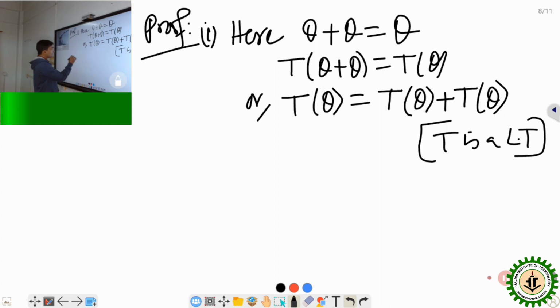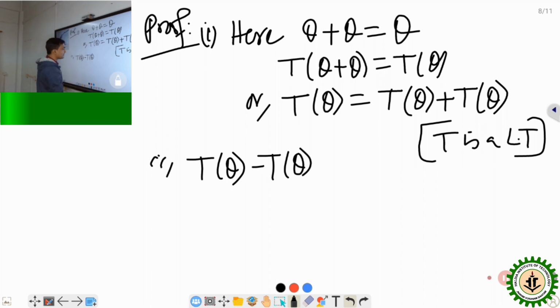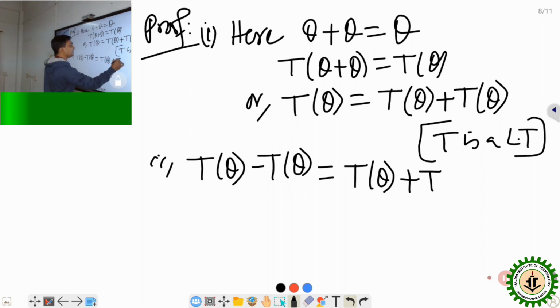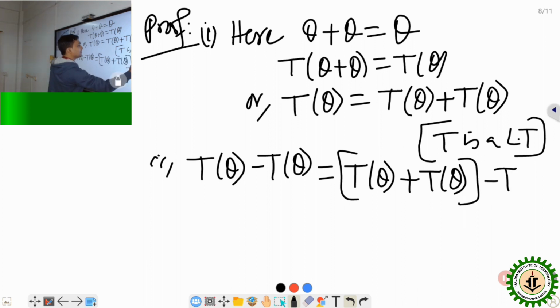Now, if we add minus T theta to both sides, what will happen? T theta minus T theta will be T theta plus T theta, minus T theta.